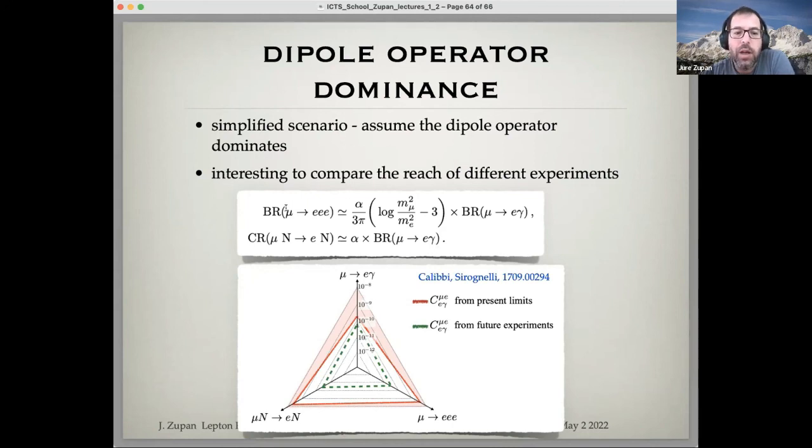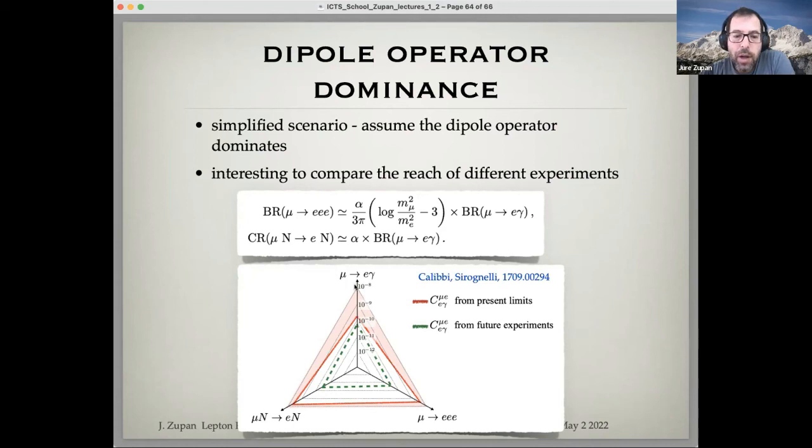You take the branching ratio of mu to E gamma, and it will predict the mu to 3E if you assume that the dipole operator dominates. That's the one that we looked at. There's a similar prediction for mu to E conversion, where the branching ratio of mu to E gamma will also predict how big the mu to E conversion rate should be if the dipole operator dominates.